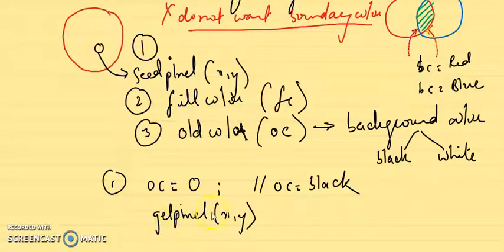Now what am I going to check? Get pixel x comma y will return me the current intensity value of this particular pixel. Now I'm going to check whether this is black or not.